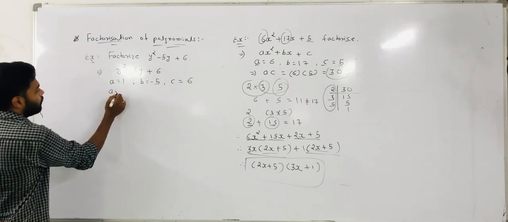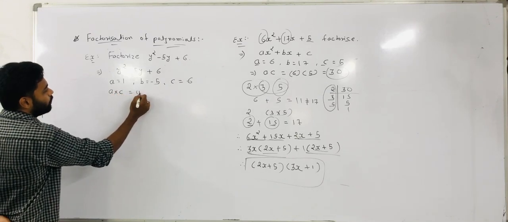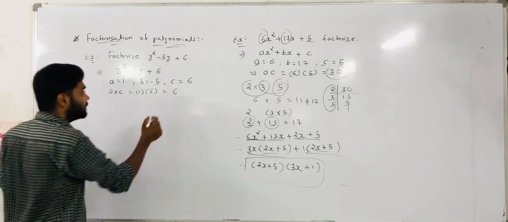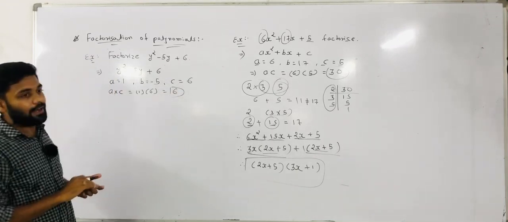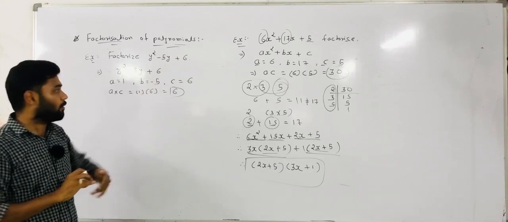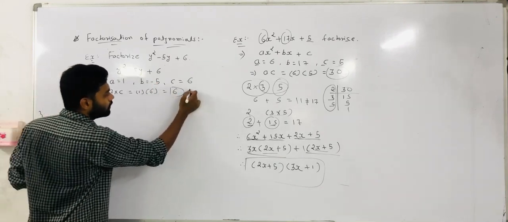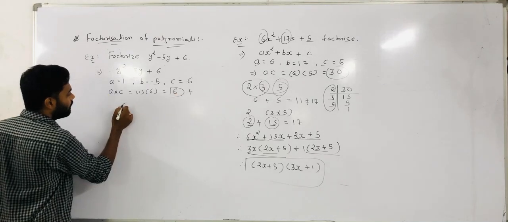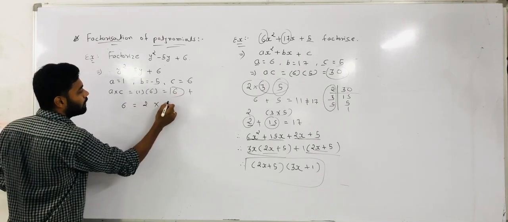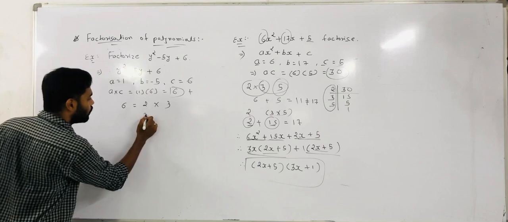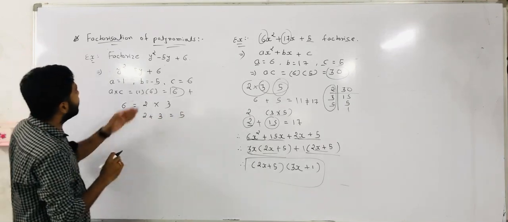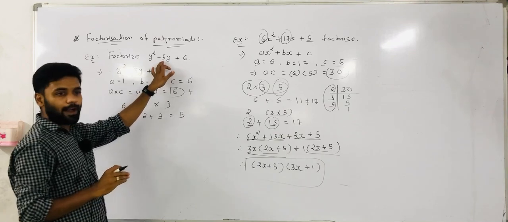If you find a into c, you will get 6. So factorize 6 in such a way that you will get minus 5. Here the multiplication is positive. Two factors of 6 are 2 and 3. We know that 2 plus 3 equals 5, but in our case the middle term is minus 5.